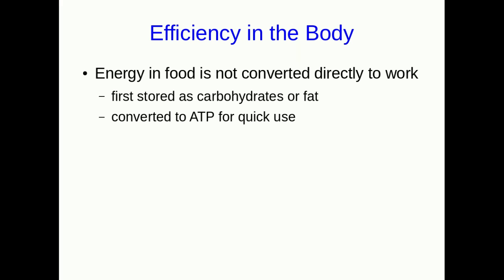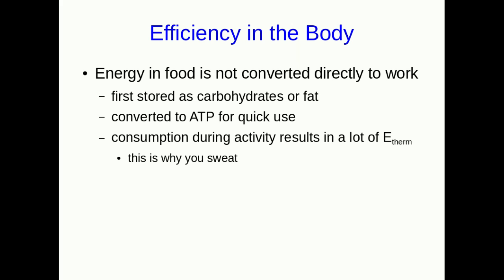So at any time, your body is often in the process of converting some carbohydrates to ATP. And then when you're consuming that ATP during an activity, it results in a lot of thermal energy. That's why you sweat.